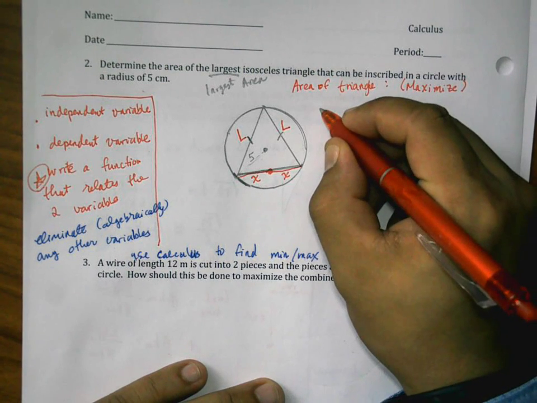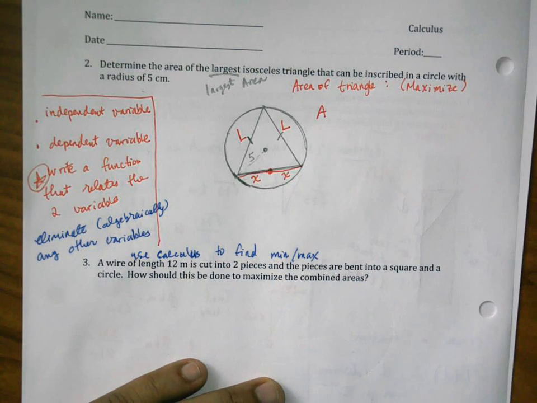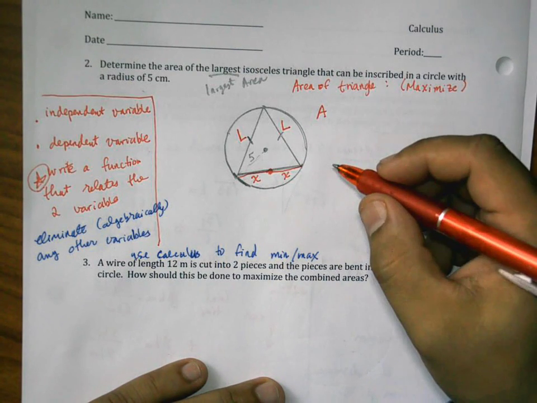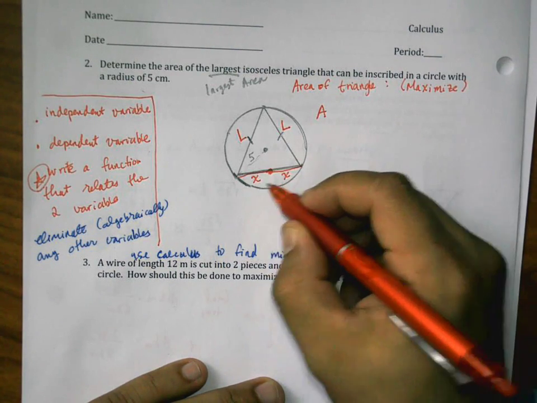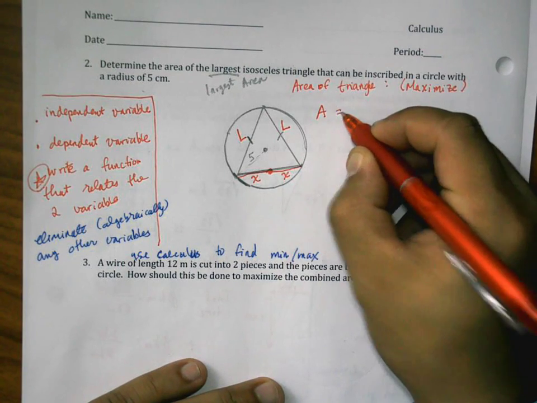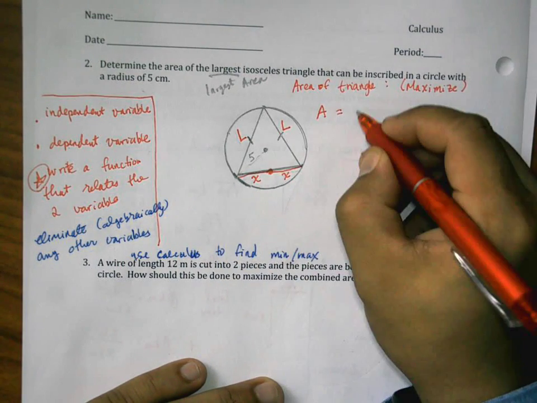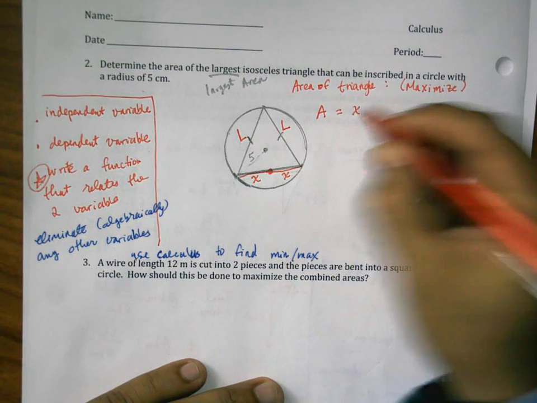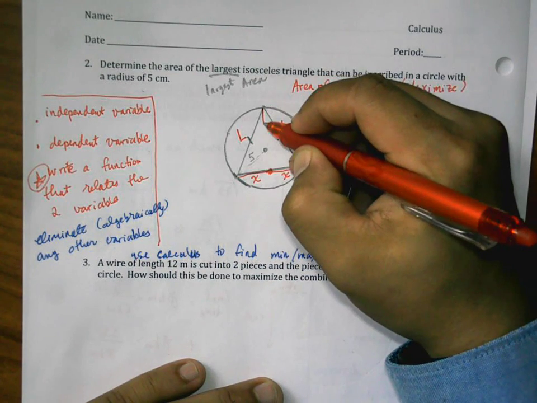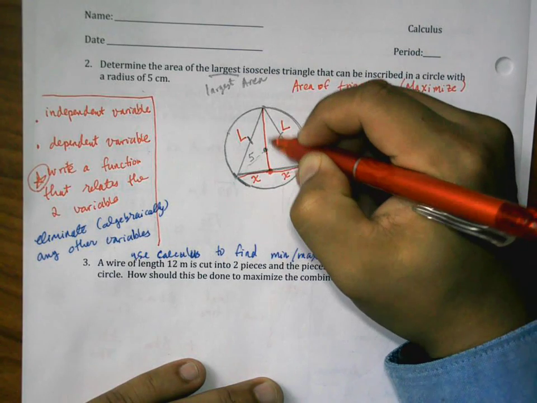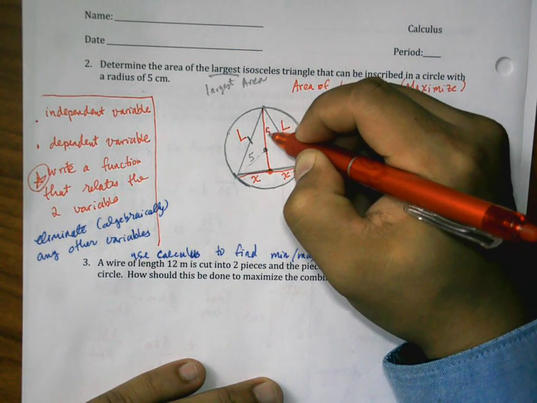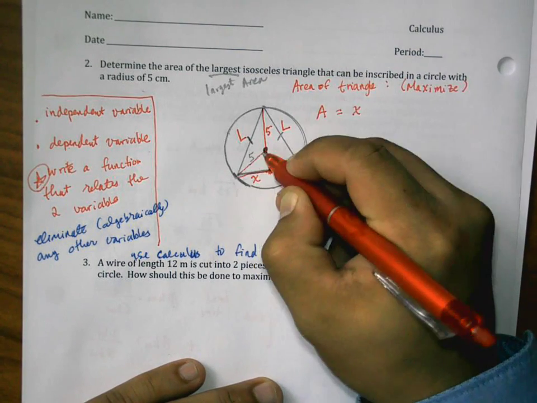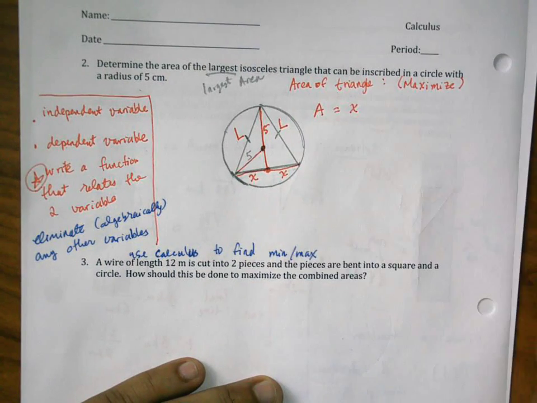Okay. So I'm going to say that A here is the area, and the area here is going to be equal to 1/2 the base times the height. Well, 1/2 of the base is just X, and the height here is the radius, which is 5. Okay. That's this length right here.